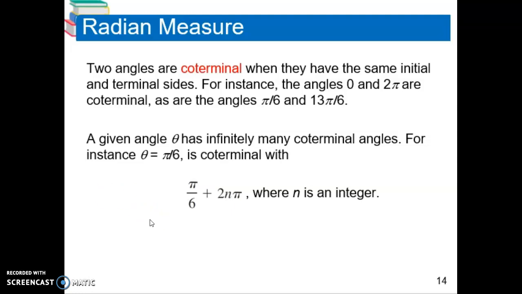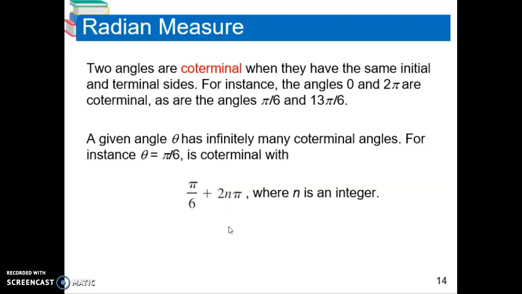An easy way to remember how you can find coterminal angles is to just add a full revolution. That means that to any given angle, say pi over 6, we can add 2 pi, or we can add 2 times 2 pi, which is adding 4 pi, because that adds 2 full revolutions.